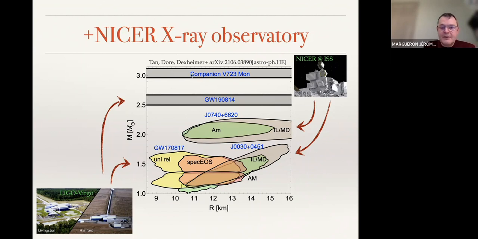It's very interesting because they put together the LIGO-Virgo detection of GW170817, which is shown here in yellowish or orangish, together with the two NICER detections of J0030, which is there, and J0740, which is here, which is one of the heaviest known neutron stars, for which X-ray pulsations have been recorded and used in order to extract a constraint on the mass and the radius.